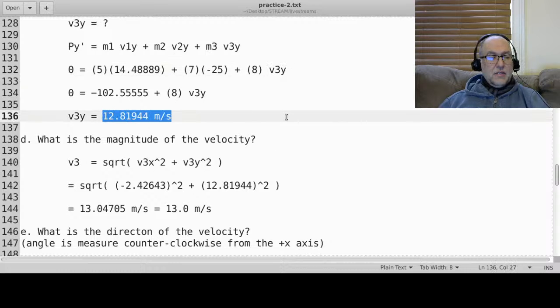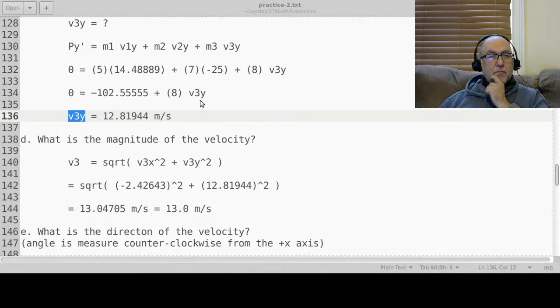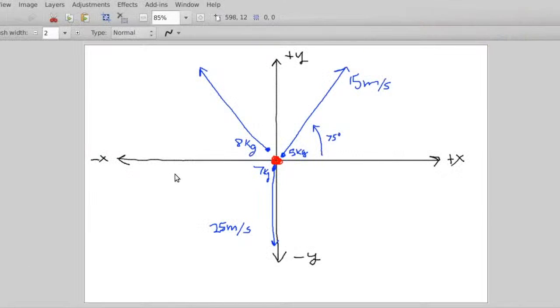Solving for that gives us 12.81944. So the y component here is positive, and if we go back to the diagram, you can see that you expect the resultant to be along the positive y.